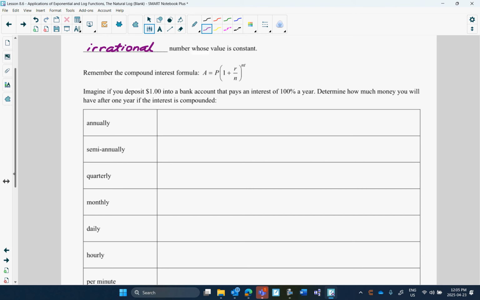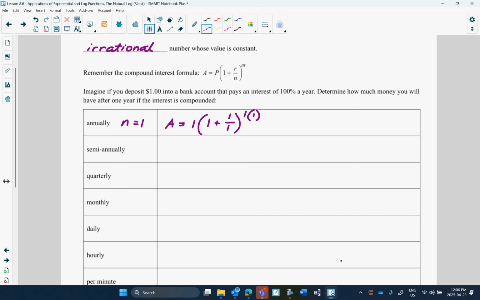How much would you have after 1 year if interest was calculated annually, once a year? You would have $1 times (1 plus, what's 100% in decimal? 1, divided by 1), raised to the 1 times 1. Right?